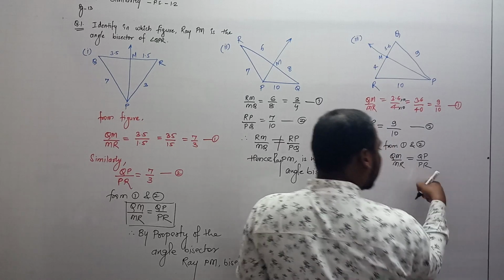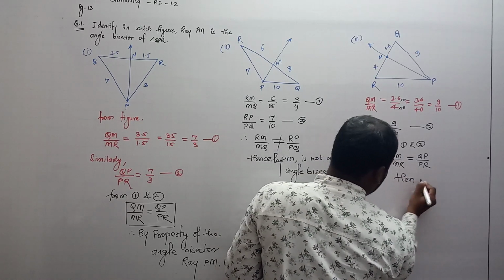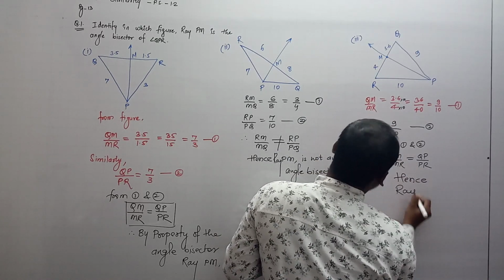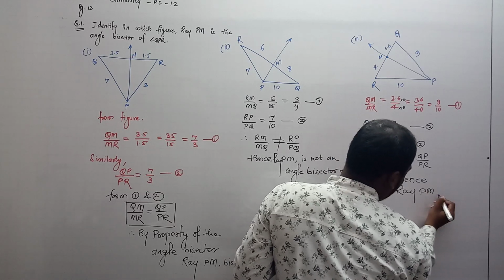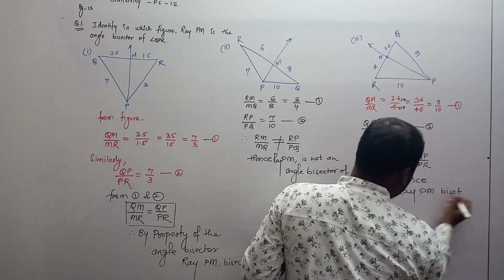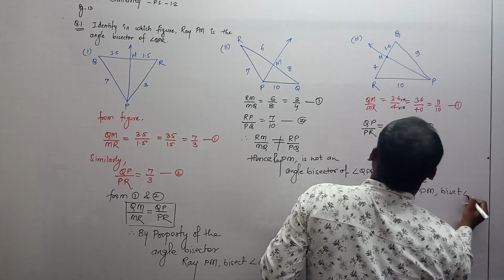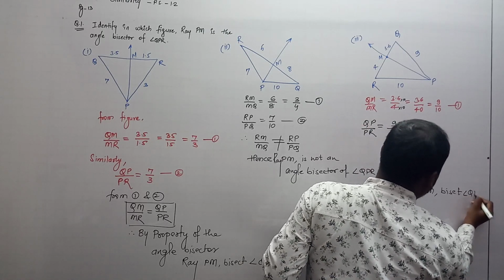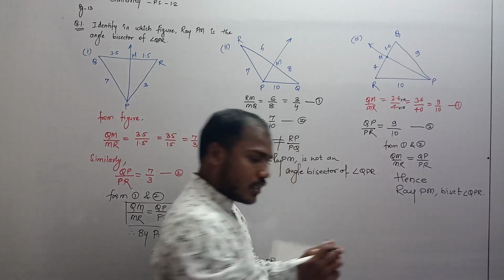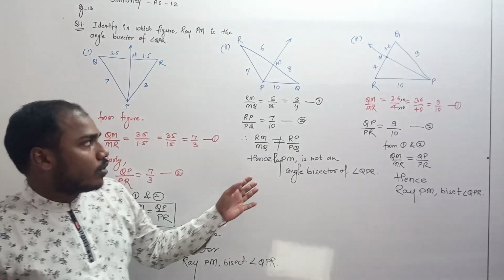These two ratios are equal, hence ray PM bisects angle QPR. So in this manner, very simply, you can solve all three questions.